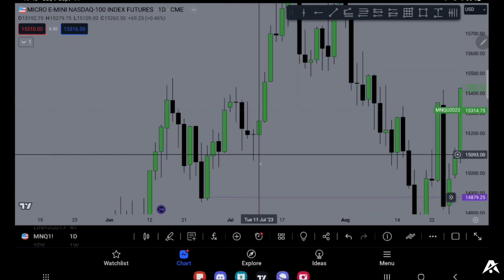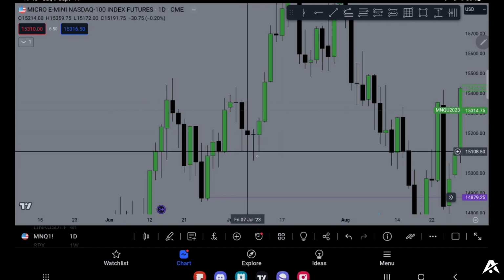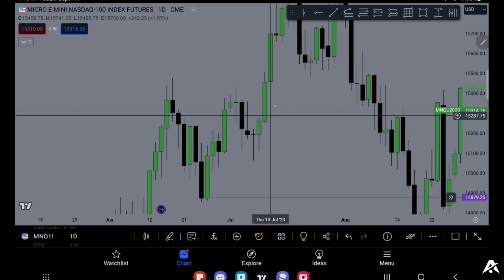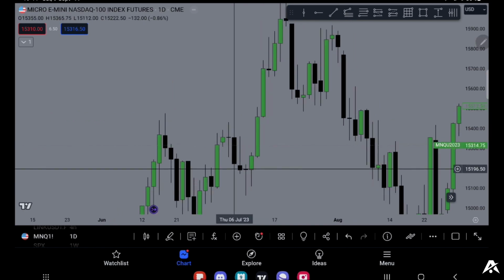Why? Because it has grabbed all of these stop losses, because this is where the majority of people would have placed their stop losses. Majority of those people who have taken trades at the wrong time of the day with the wrong confluences, the wrong price action TA. The institution comes down, grabs all of your stop losses, and your idea was right. Your execution was wrong because you took it at the wrong time.